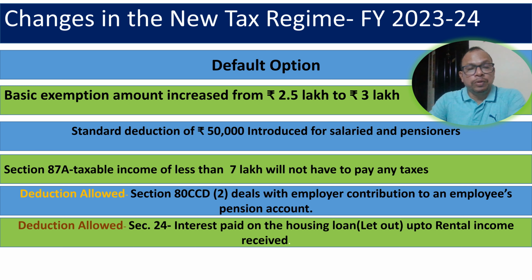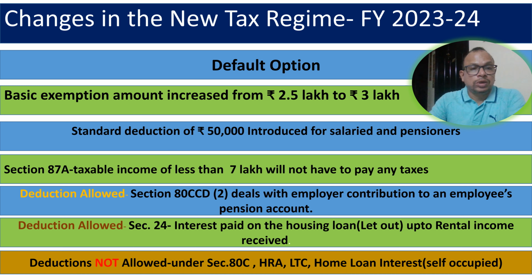But under the new tax regime, the interest paid on the housing loan, if it is let out, is restricted to the rental income receipt. There are many deductions which are not allowed, but which are very common also, like our section 80C.